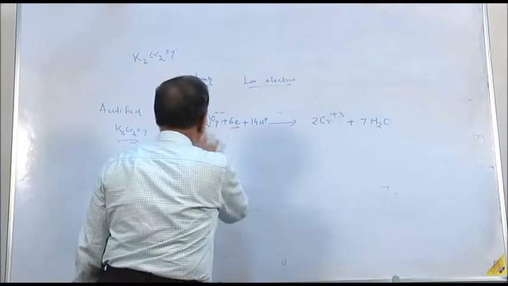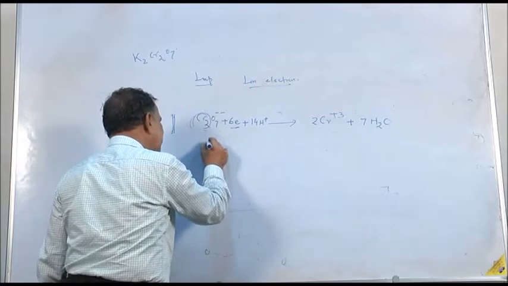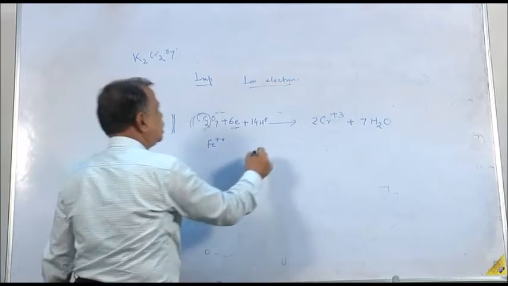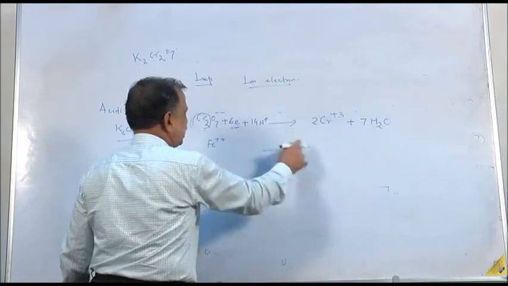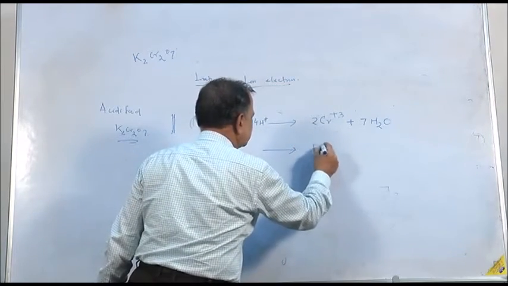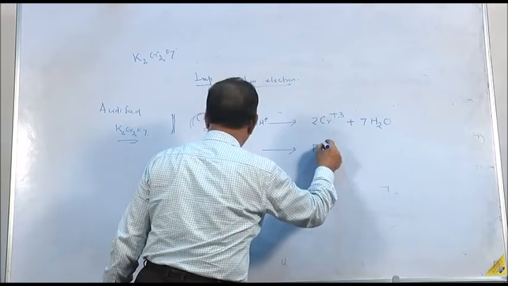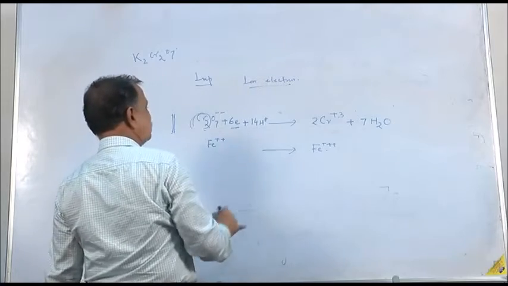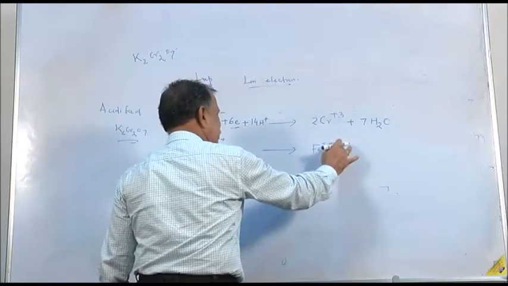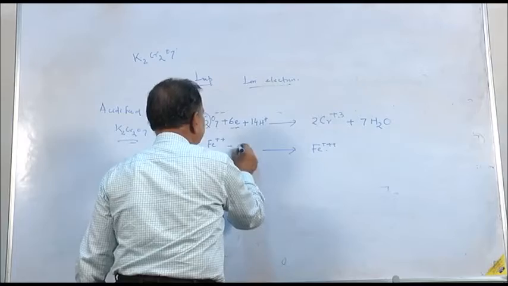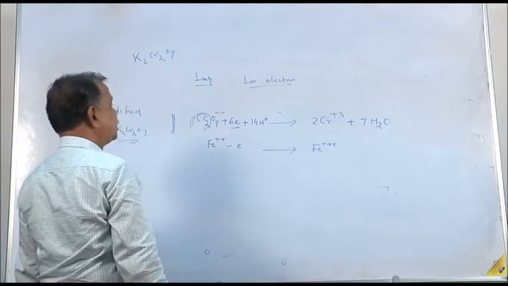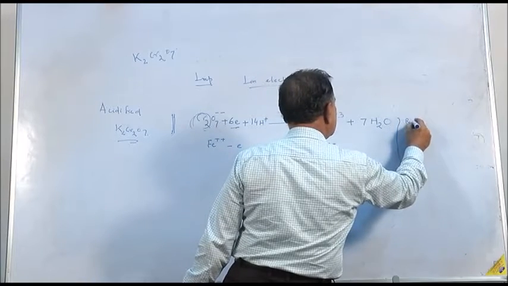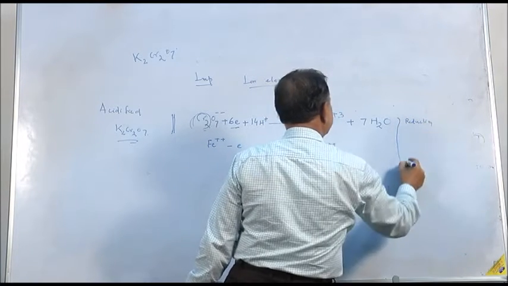Now ferrous changes to ferric. Simply, ferrous means Fe++ changing to ferric Fe+++, losing 1 electron. In reduction it is oxidation. So the total reaction has both oxidation and reduction.